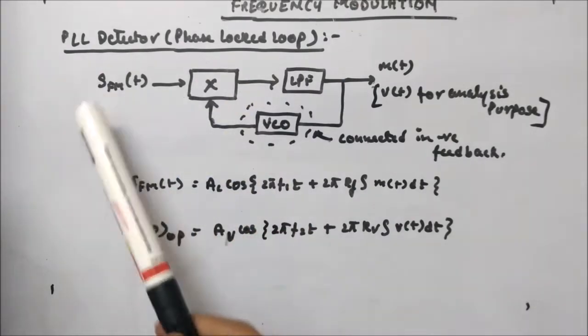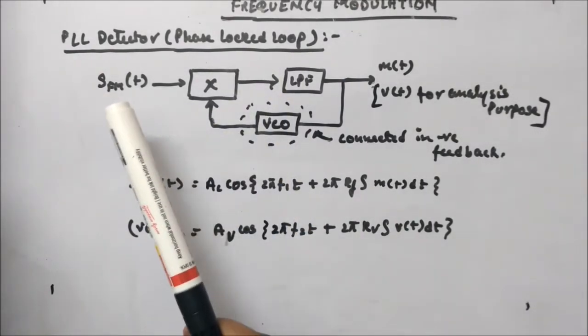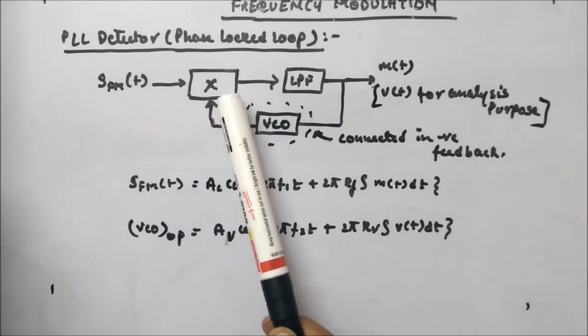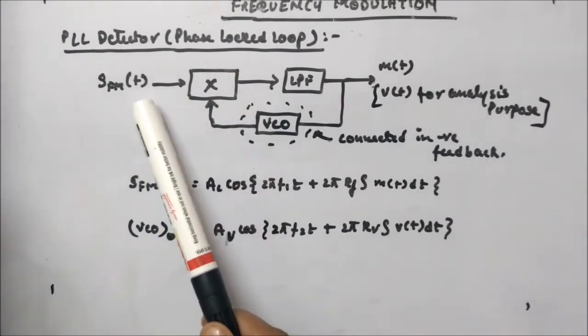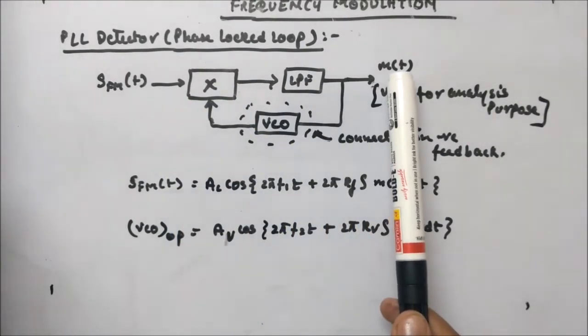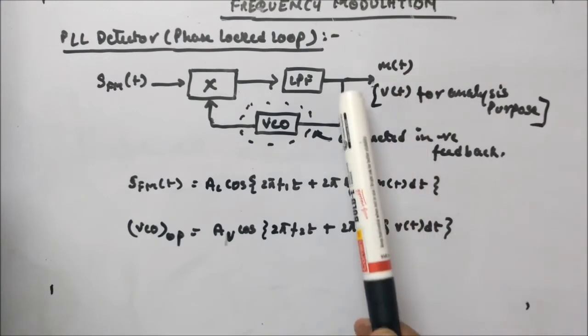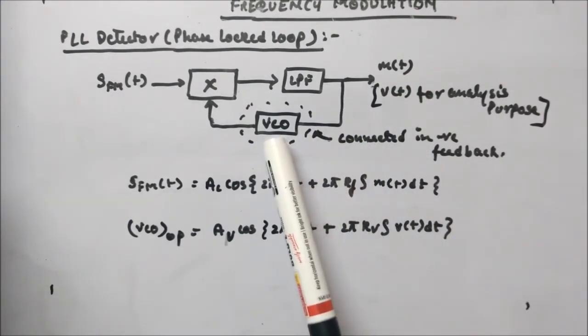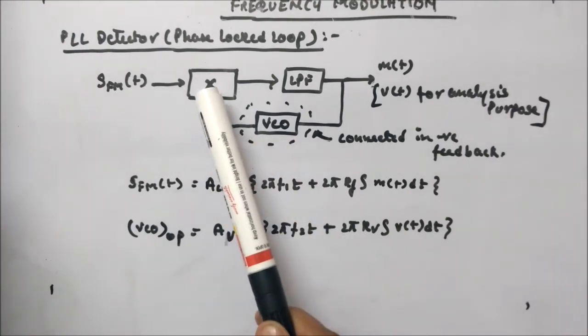So this is the block diagram of the PLL detector, where the input is your FM signal S_FM(t). This is your multiplier block, which is multiplying these two signals. Then there is a low pass filter, and at the output we are getting the message signal, and this is a negative feedback with a voltage controlled oscillator to the multiplier.